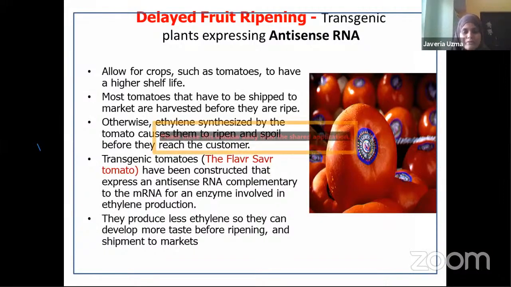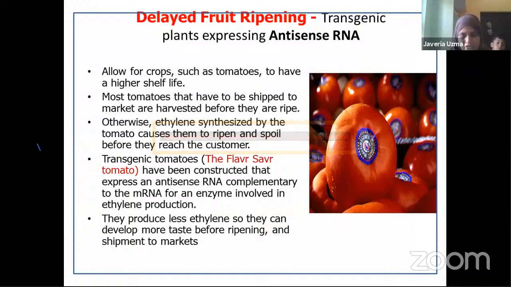When fruit gets ripened, it is very soft, and it will easily get damaged during transport also. So if you delay the fruit ripening in tomatoes, then unripe fruits can be brought into the market. Then we can increase the shelf life also.